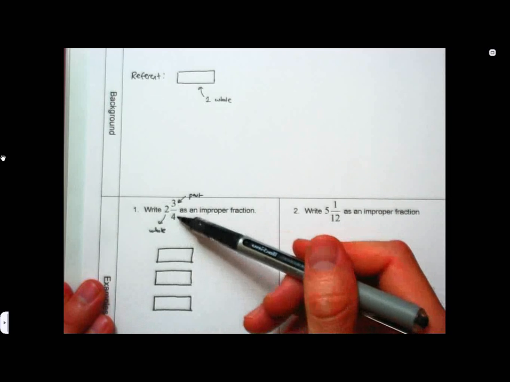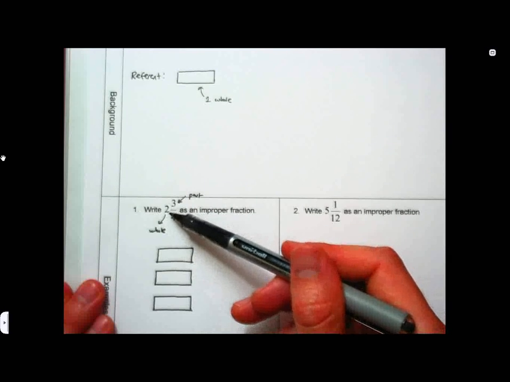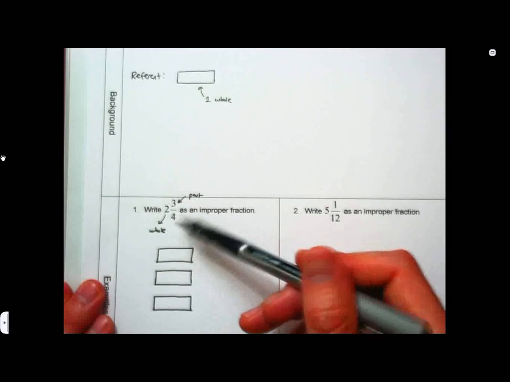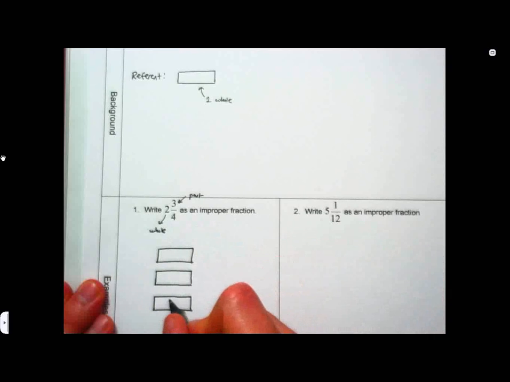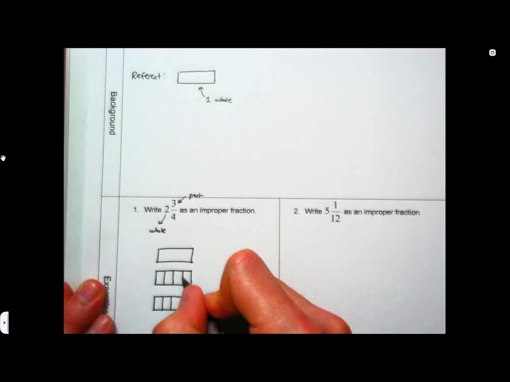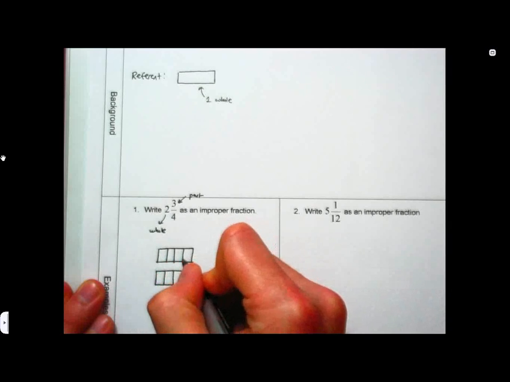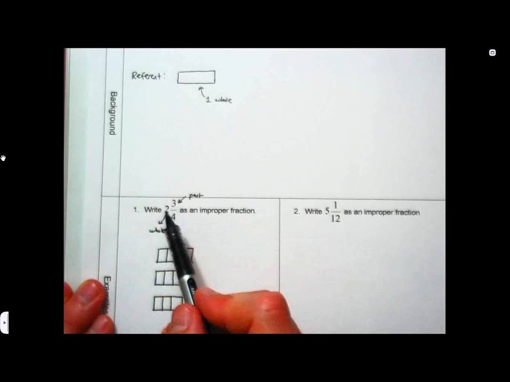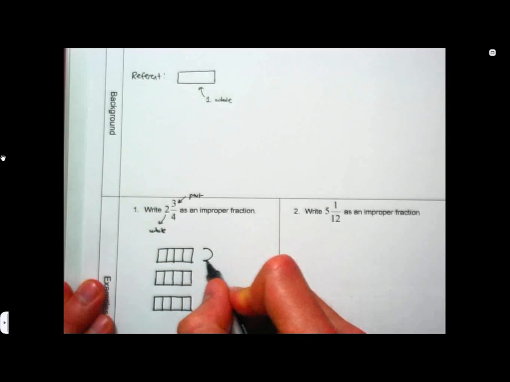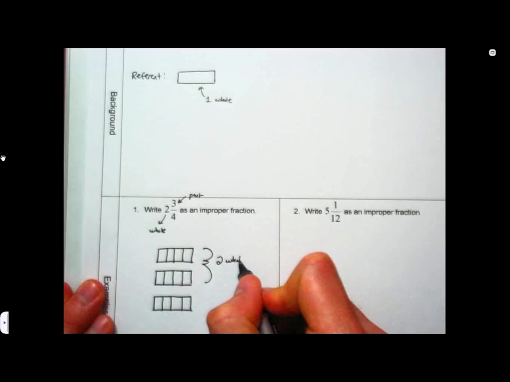Okay, and now this bottom tells me that each whole is cut into 4 equal sized parts. So what I'm going to do is break each of my wholes into 4 equal sized parts. Okay, and what I know is that these first two represented the 2 wholes I had.